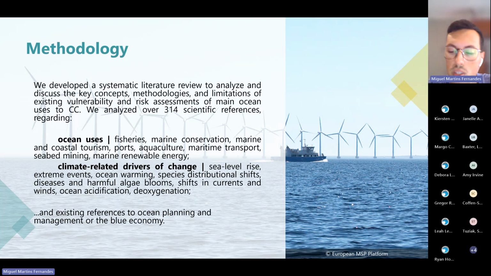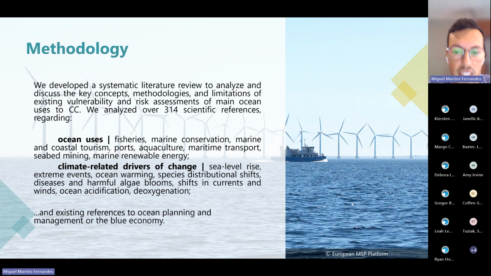Also, we tried to identify the existing references to ocean planning and the blue economy to make a proxy of an integrated vision of the ocean, because these management plans try to allocate these different activities, and the blue economy is the conjunction of different economic sectors around the maritime space.